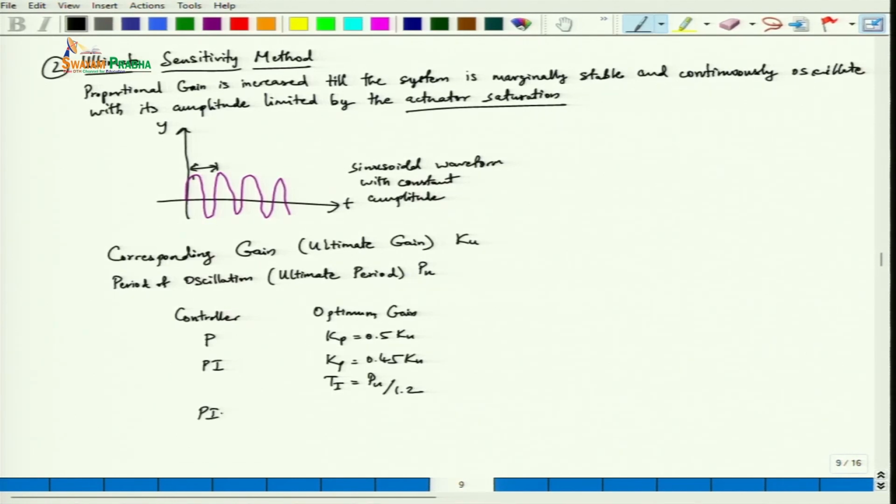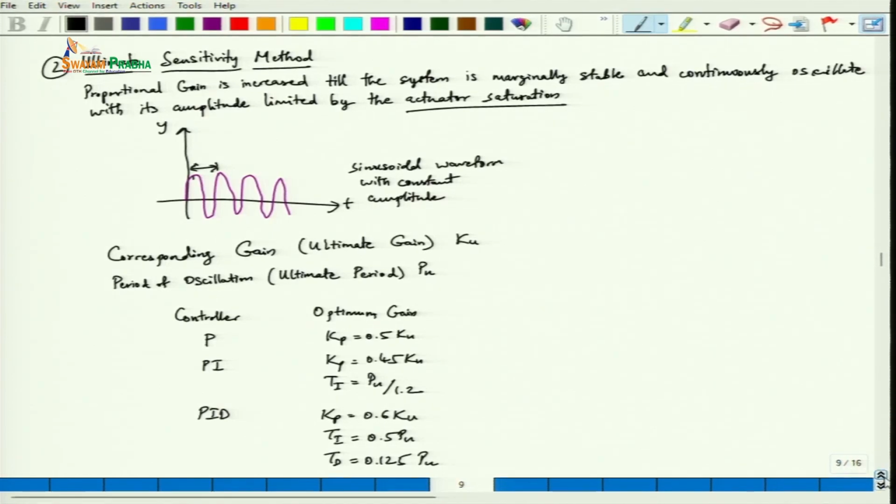For PID, Kp will be 0.6 times Ku, Ti will be 0.5 times Pu, and Td will be 0.125 times Pu. So these are the optimum suggested gains based on heuristics for P, PI and PID controllers.